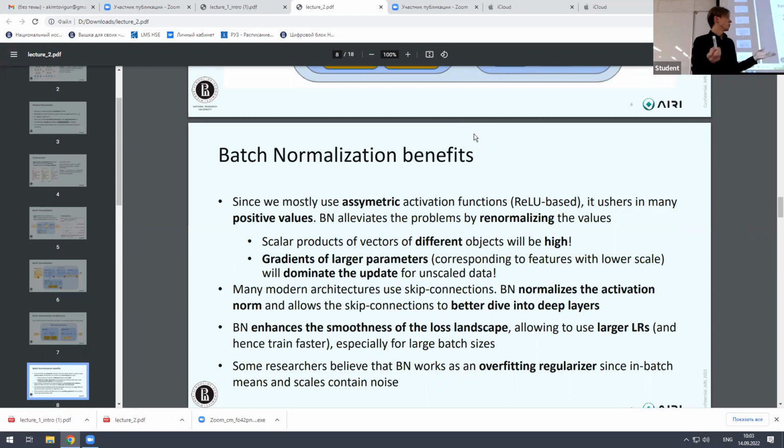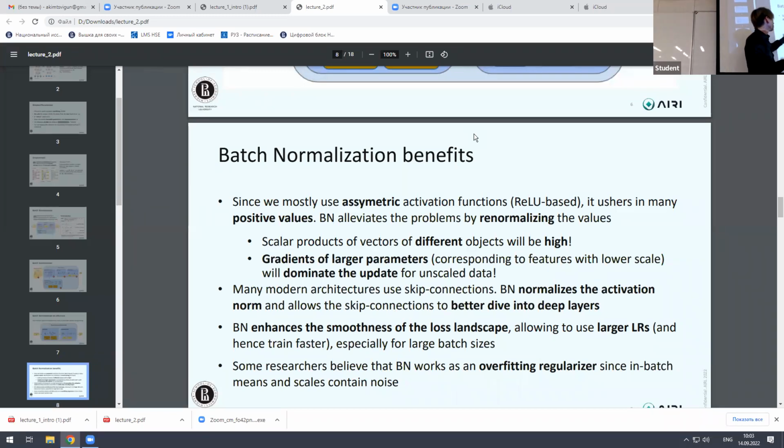First of all, the scalar products of vectors of different objects will be very high. What does this mean? If 2 elements are completely different, their scalar products will anyway be very similar. They will be high because we have a lot of positive values, and multiplying a positive value by another will again result in a positive value.